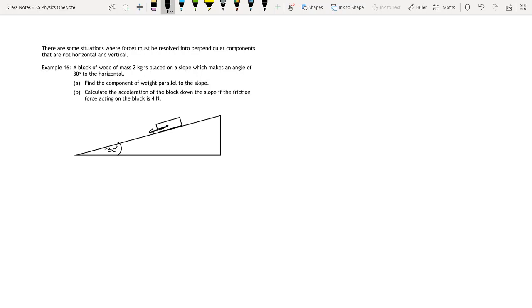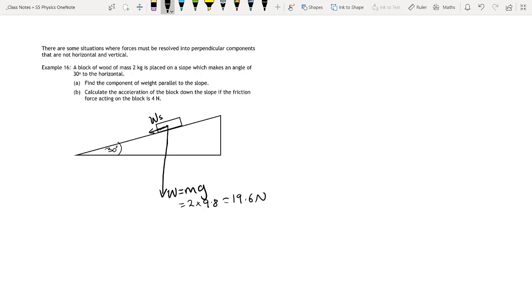We know that it does have a weight, and the weight would be down the way. In this case, the mass is 2 kilograms, so 2 times 9.8, which is 19.6 newtons. I'm going to label this WS, for weight on the slope, or the component of weight parallel to the slope.